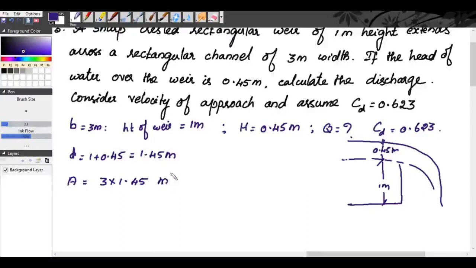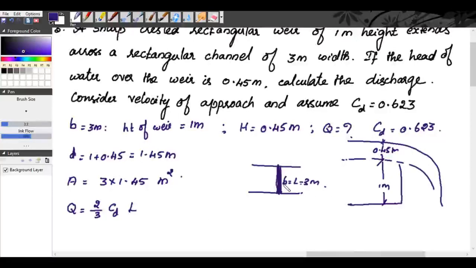Right? Now, we know the discharge is equal to 2 by 3 CD into L into root of 2G into H raised to 3 by 2. Here length is nothing but the breadth of the channel. This is the length of the crest, length of the weir or length of the notch, so that is nothing but the width of the channel. So L is equal to 3 meter.